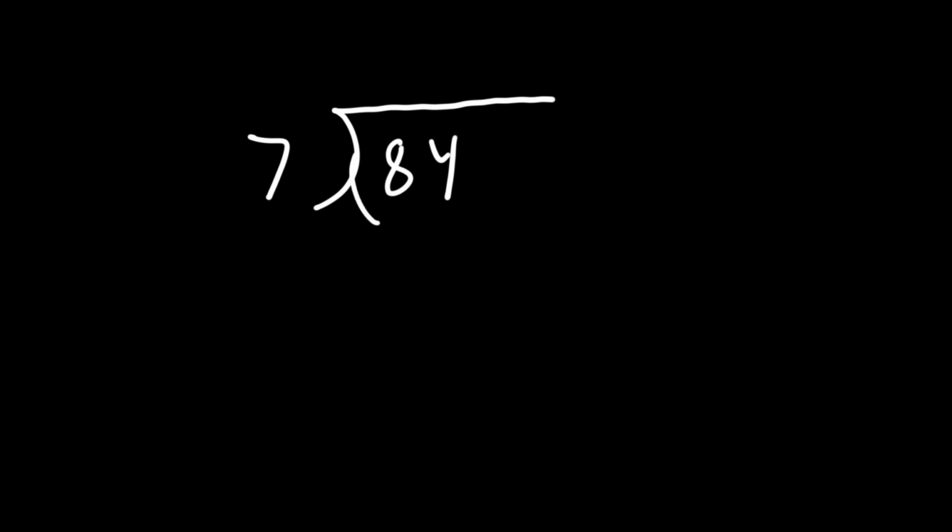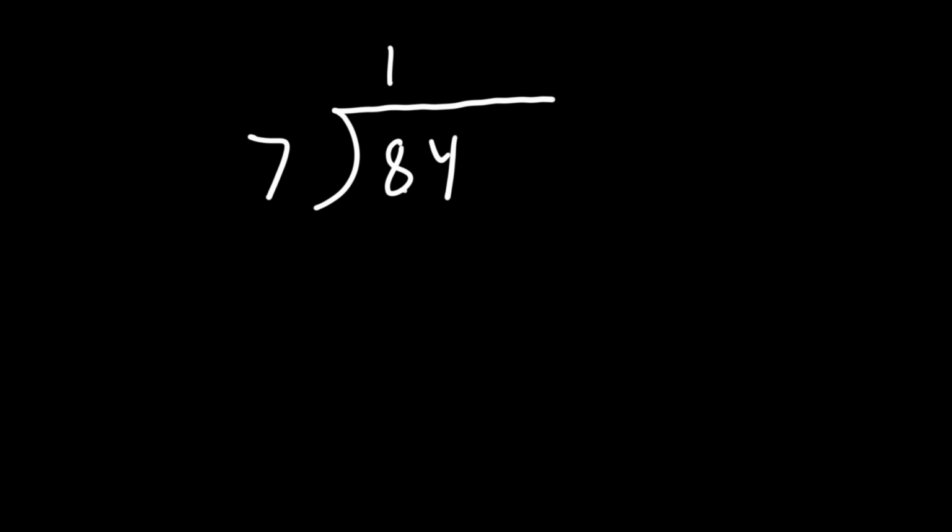Let's take a look at the first number. How many times can 7 go into 8? 7 alone is just 7, but if we add another 7, this is 14, which is too large to go into 8. So really only 1 7 can go into 8. So let's put a 1 on top of here.